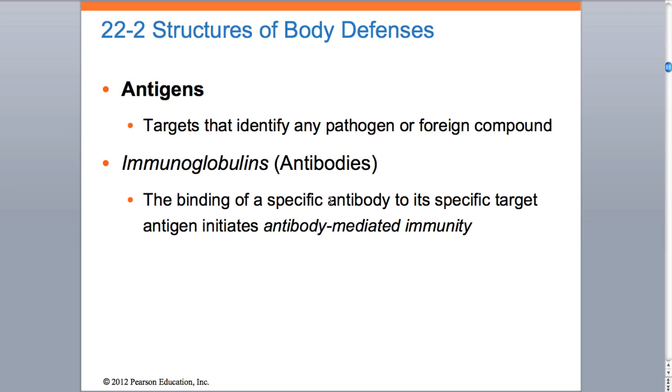So your book has a term for that. B cells are considered antibody-mediated immunity because they're making a specific antibody to a specific target antigen. So a specific antibody to a specific target antigen, and that's called antibody-mediated immunity.